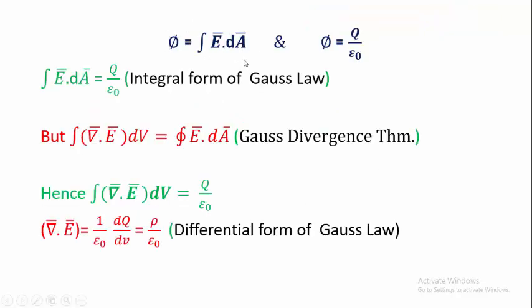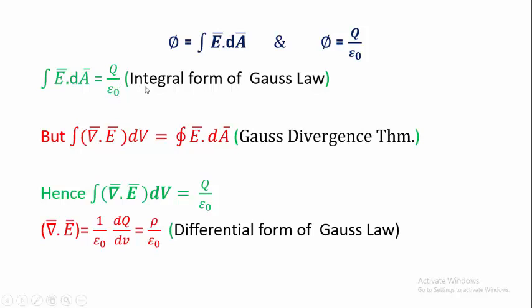In first slide we have seen that phi is equal to integral E bar dot dA bar, and basic Gauss law we know phi is equal to Q upon epsilon 0. So what can be done? Both right hand sides can be equated and we can write integral E bar dot dA bar is equal to Q upon epsilon 0.